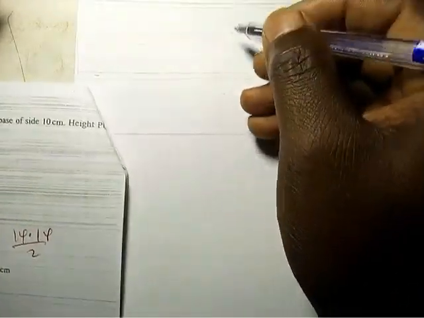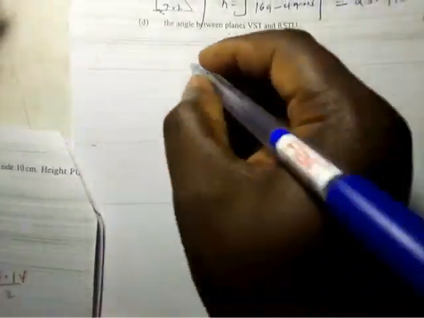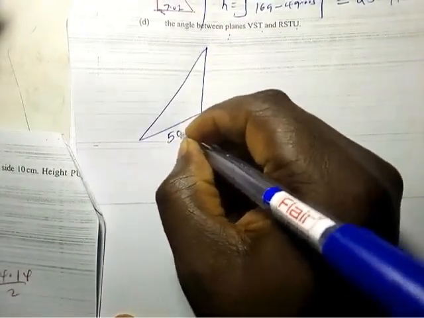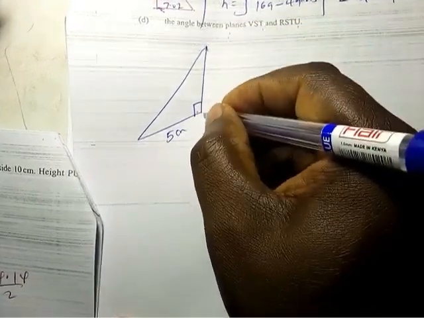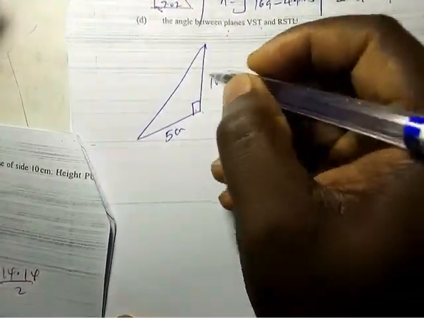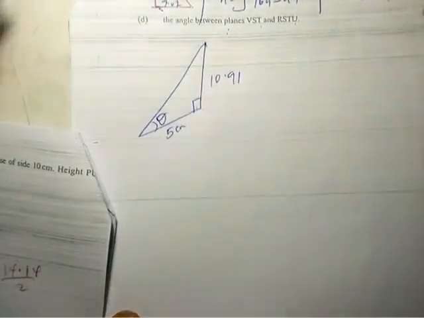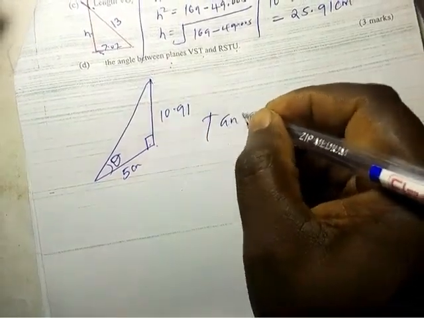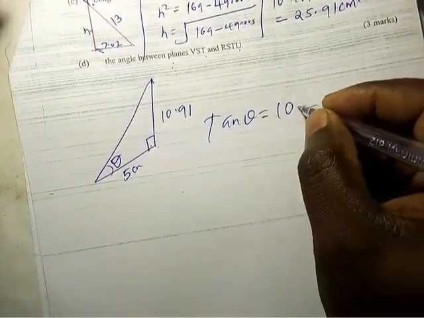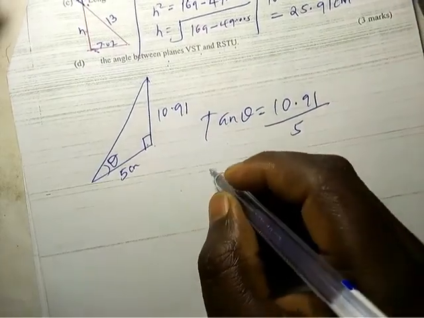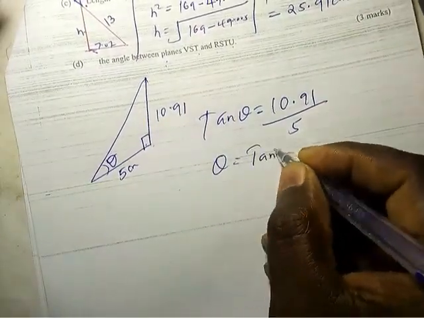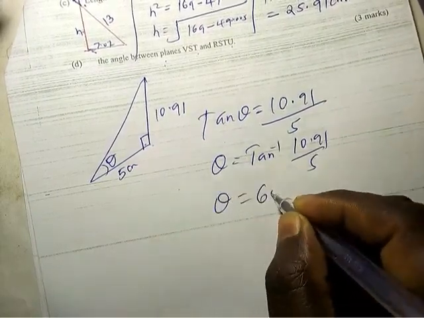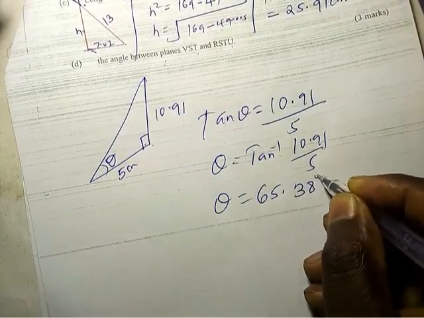If you extract that, we are going to have this. Here is 5 centimeters. This is 90 degrees. From here up to here we have 10.91, and we want this angle here. Very simple. So we will use tan theta is equal to 10.91 over 5. So theta is tan inverse of 10.91 divided by 5. Theta is going to be 65.38 degrees.